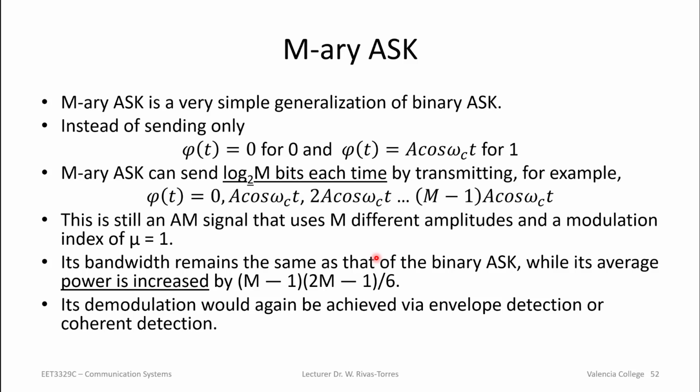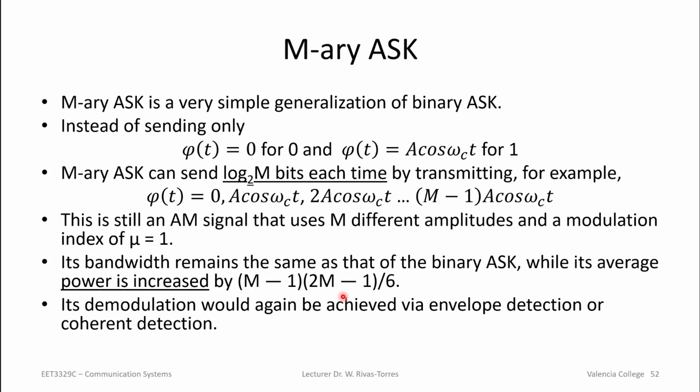The bandwidth remains the same as the binary ASK, while the average power increases. So sure, we are sending more information in the same bandwidth, and we're sending it in the same time, right? We're sending 2 bits in the same period of time, let's say, right? So TB equals TS, right?